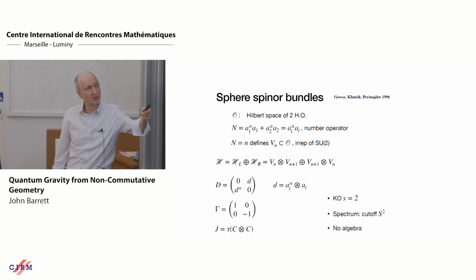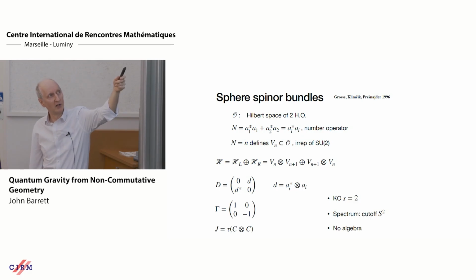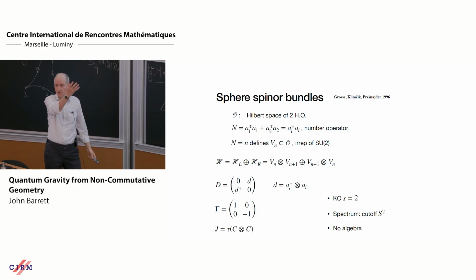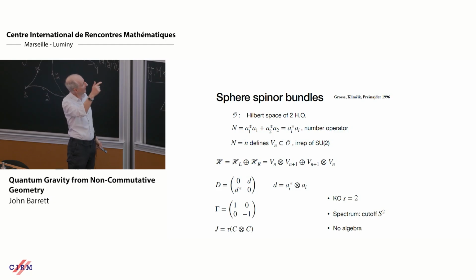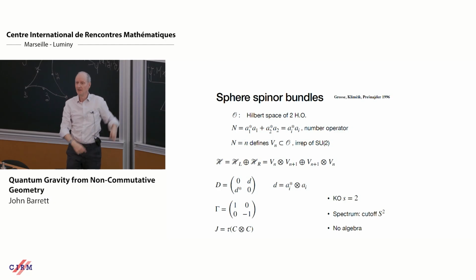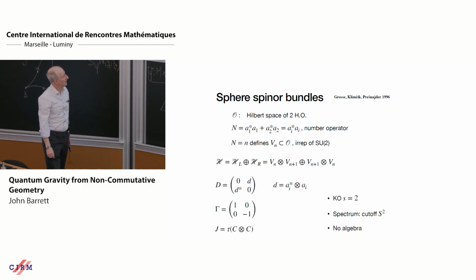And the formula for it is written there. It's AI star tensor AI. So the AI star is the creation operator for the harmonic oscillators. So it adds one particle into Vn, taking it up to Vn plus 1. And the AI destroys a particle. So it takes the second factor Vn plus 1 down to Vn. You see, so one goes up, one goes down. And that's how that works.